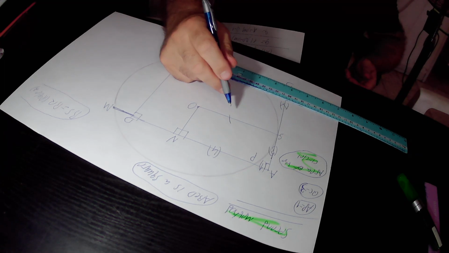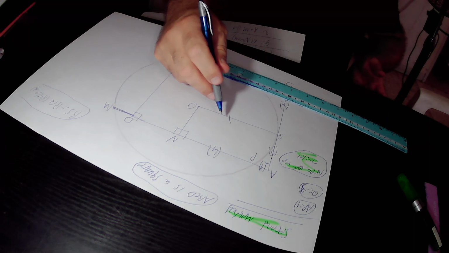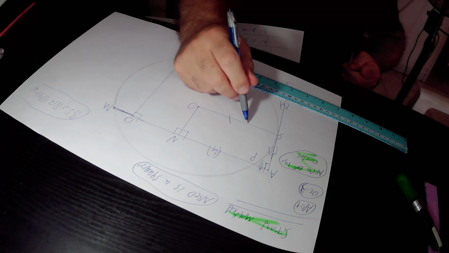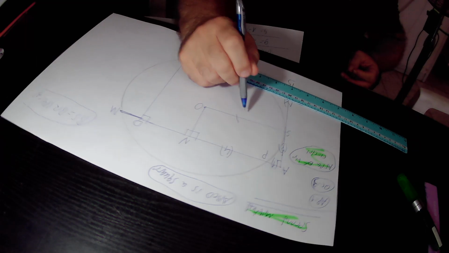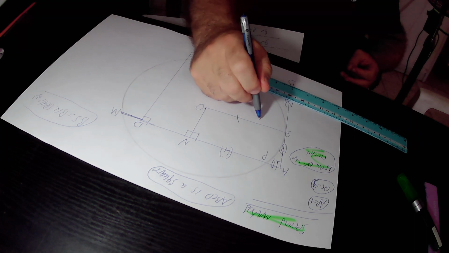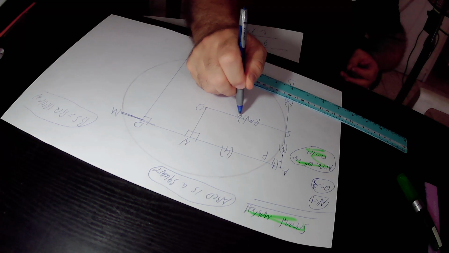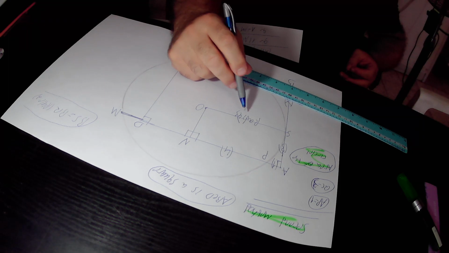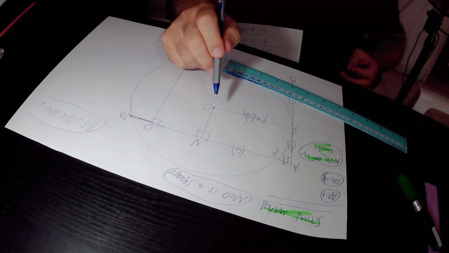Actually, we haven't defined the radius of the circle, so anyway, OS is the radius of the circle. OS is the radius because it starts from point O, the center of the circle, and ends at point S, a point on the circle itself. Therefore, OS is the radius of the circle.